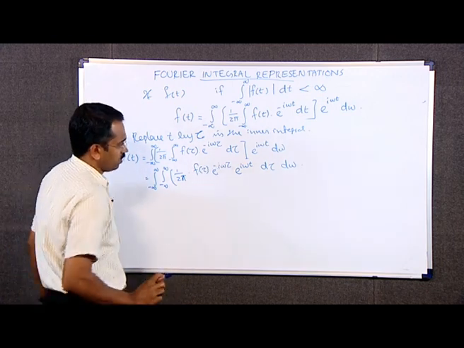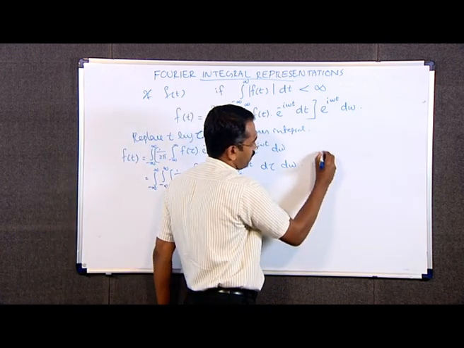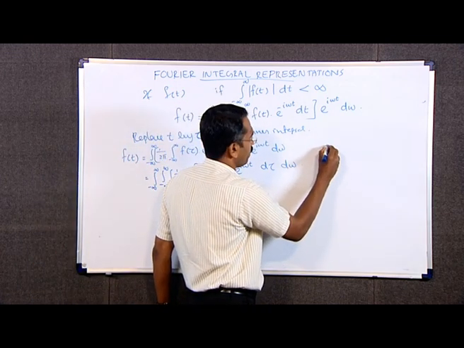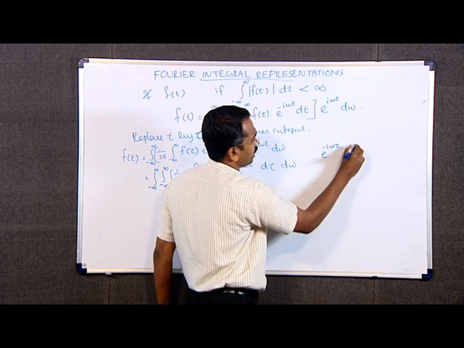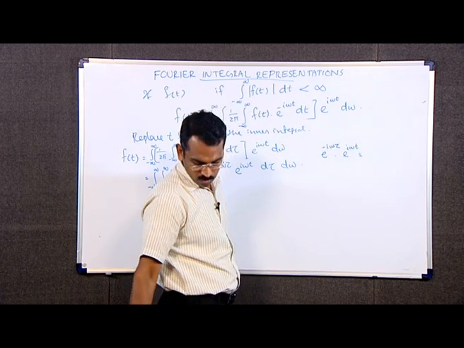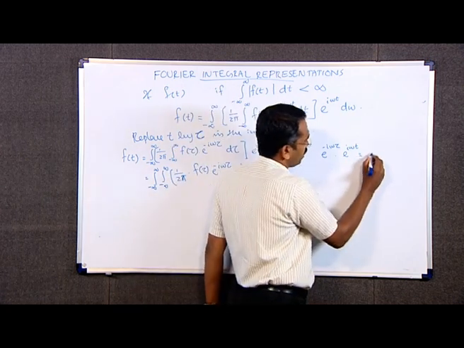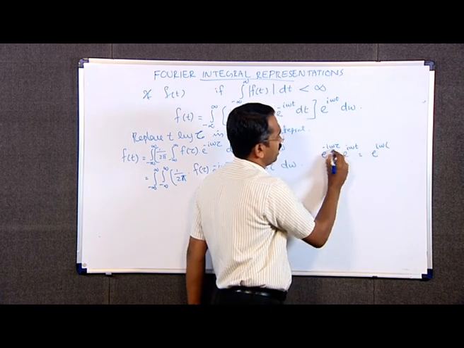Now, consider the term e raised to minus i omega tau into e raised to i omega t, which is e raised to i omega into t minus tau.